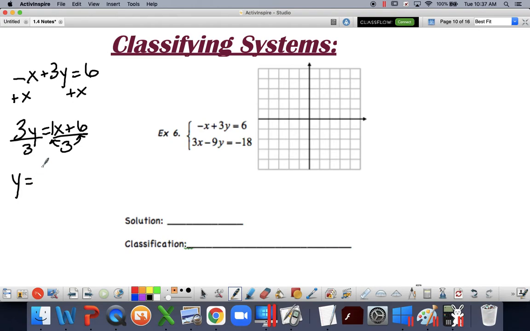So I'm going to write this as y equals 1/3 x plus 2. I'm going to go ahead and plot that. Up 1, 2, 3, up 3. There we go. Let's do the same thing with the other equation.